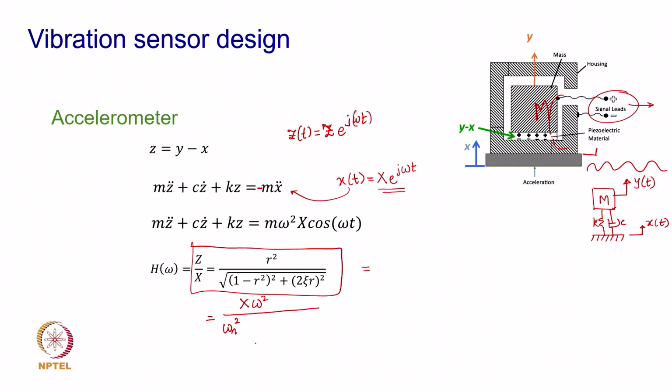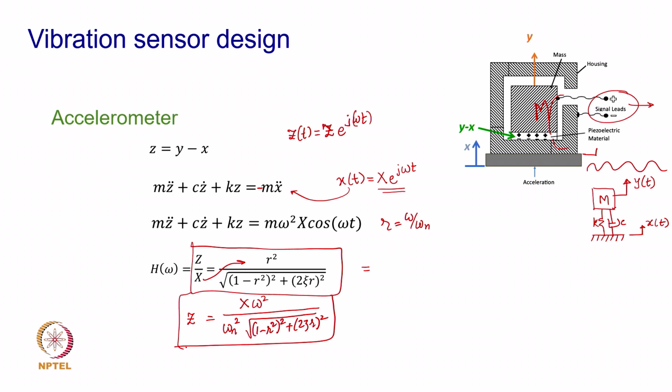So, I can keep omega square in the numerator, take omega n square in the denominator, and all these terms in the denominator are as they are. Okay. And what is this? This is basically capital Z. So, I am taking this x on the right-hand side in the numerator, and r being equal to omega over omega n, I am basically able to now write this equation.